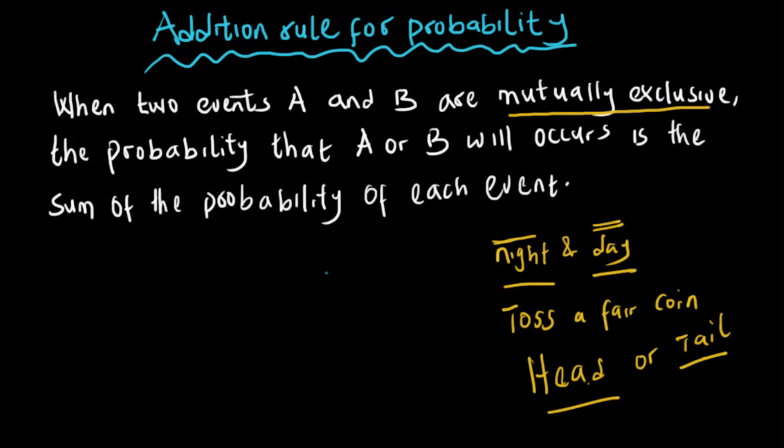When two events A and B are mutually exclusive, the probability that A or B will occur is the sum of the probability of each event.